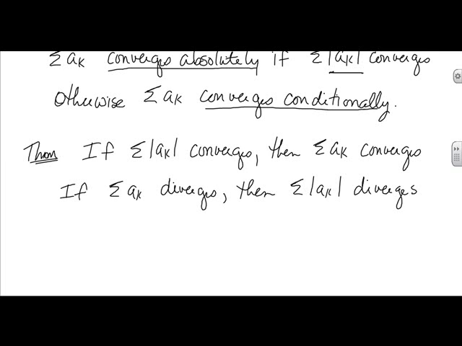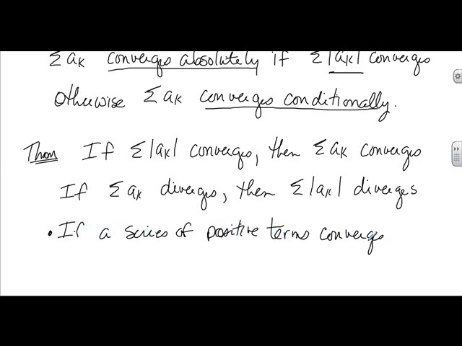So showing a series of positive terms converges, in effect, shows that it's absolutely convergent. Okay, that's worth making note of. If a series of positive terms converges, it converges absolutely.